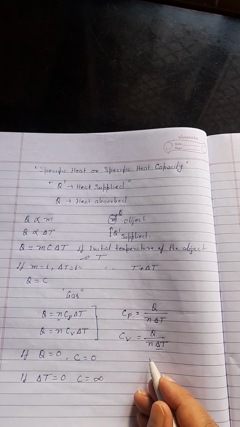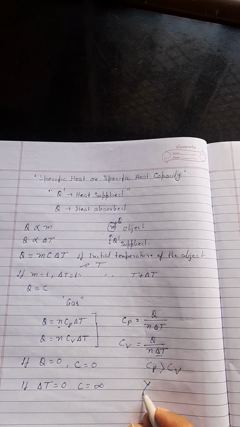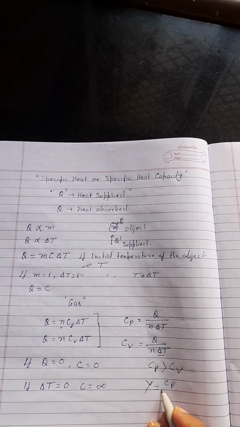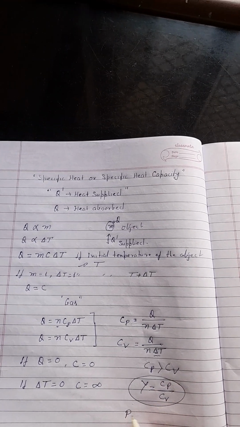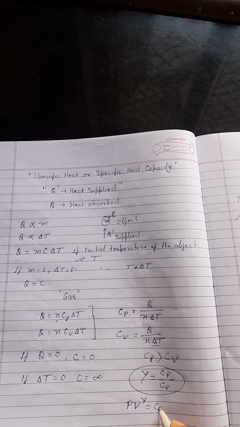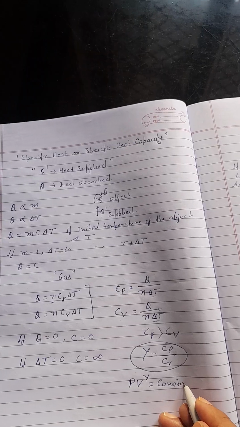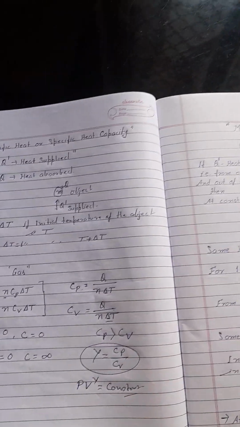That is why Cp is greater than Cv. Okay, and this Cp upon Cv is constant. In Poisson's law we know this one is the constant. ये कांस्टेंट हम लोगों ने पढ़ा हुआ था पॉइसन्स लॉ में फॉर द आइडियल गैस.